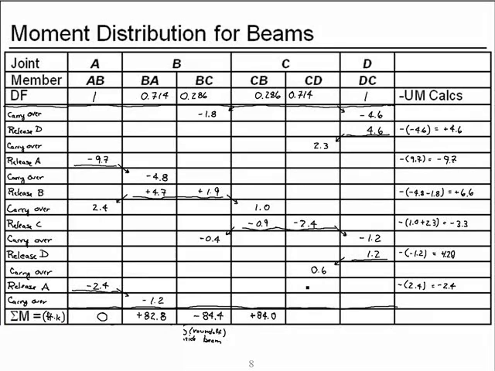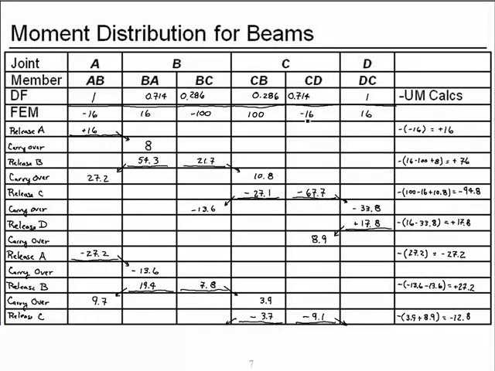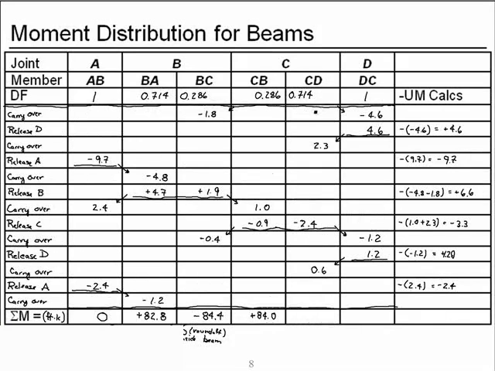Now the other side of node C, member CD, and we begin calculating negative 16 minus 67.7 plus 8.9 minus 9.1 plus 2.3 minus 2.4 plus 0.6 all add to minus 83.4 foot kips.